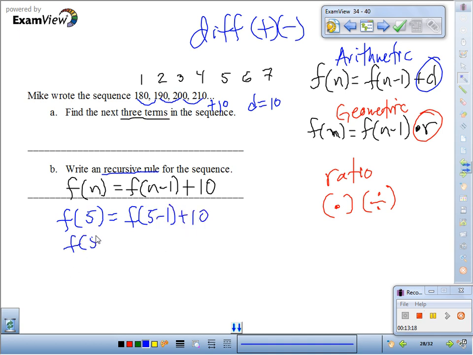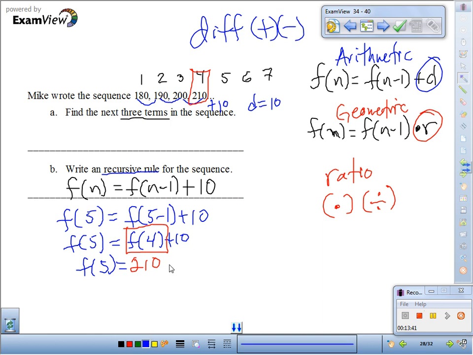F of 5 equals f of, what is 5 minus 1? 4 plus 10. F of 5 equals, what is f of 4, everyone? What is our fourth term? 210. That goes right here. 210.